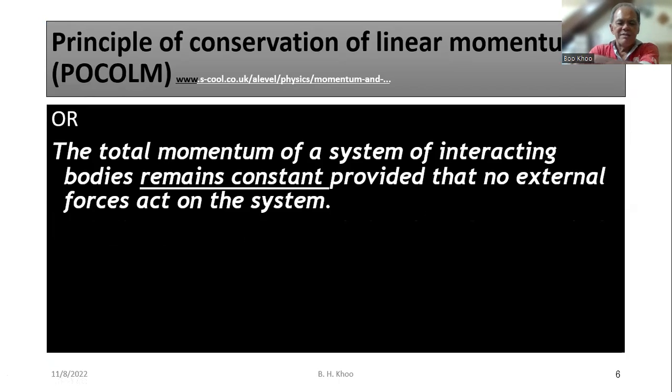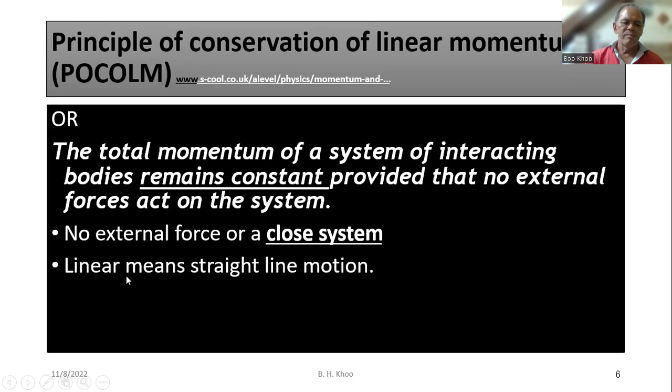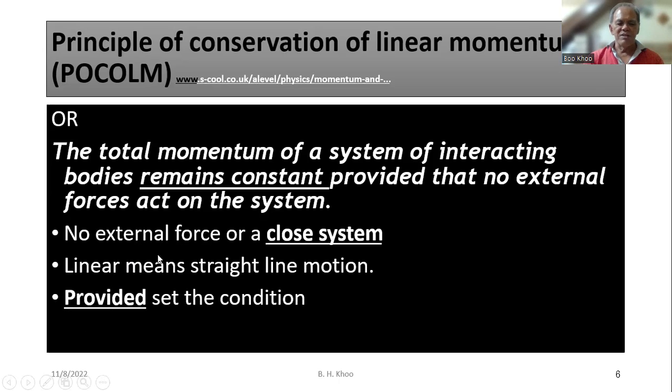A different way of writing the same thing: total momentum is always constant, before or after, provided no external force. The key is no external force, or a closed system. Linear means straight-line motion, provided the condition is met.